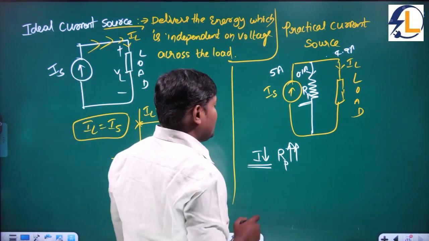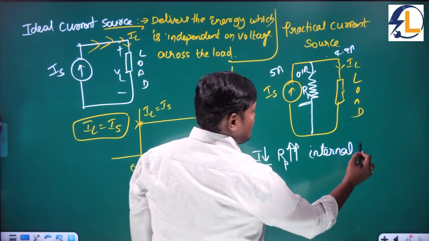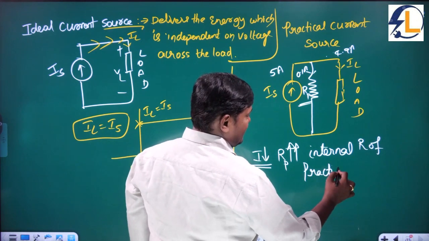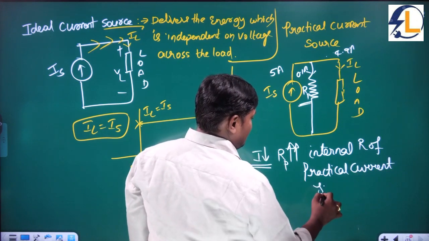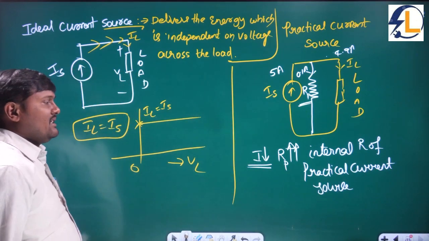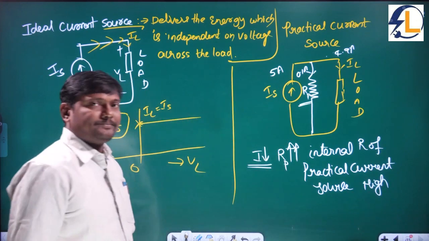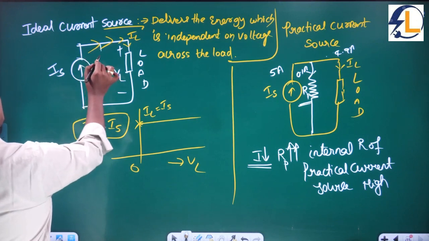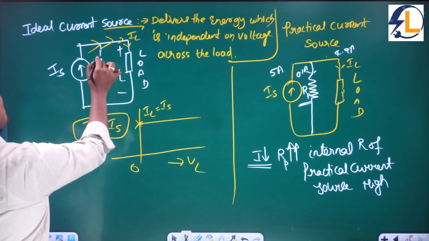This is very important: the internal resistance of a practical current source will be high. Simply say it is very high, right? But what happens? See, here no current is flowing through these two wires; it is open circuited.